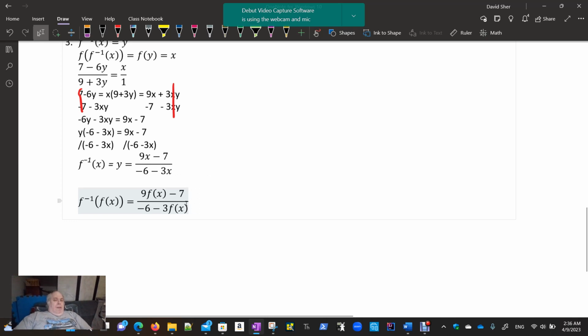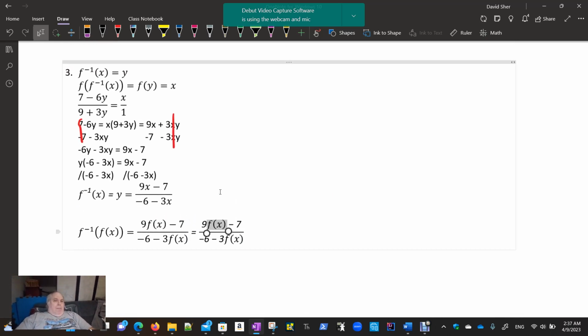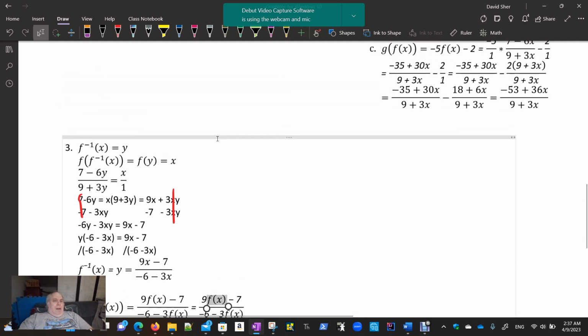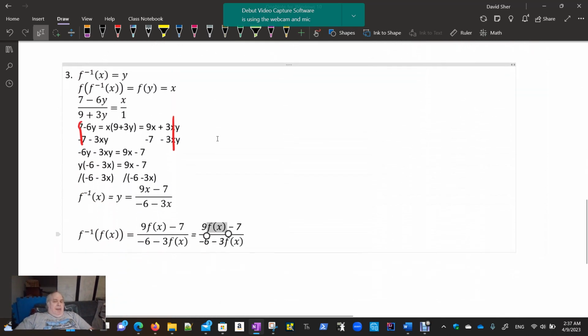So what I'm going to do, I'm going to copy this guy like this. Only instead of f of x, we're going to replace it with the original formula up here, up in the original problem. 7 minus 6x over 9 plus 3x.